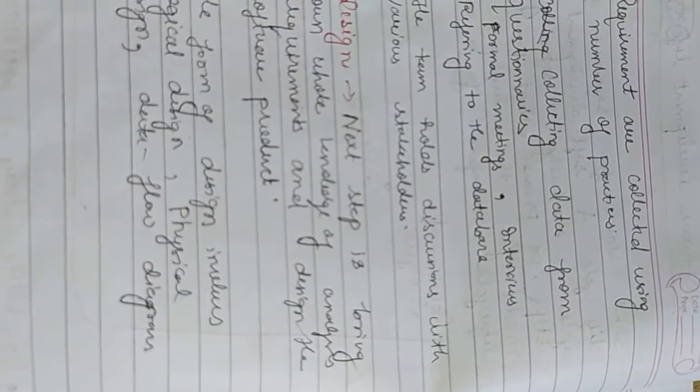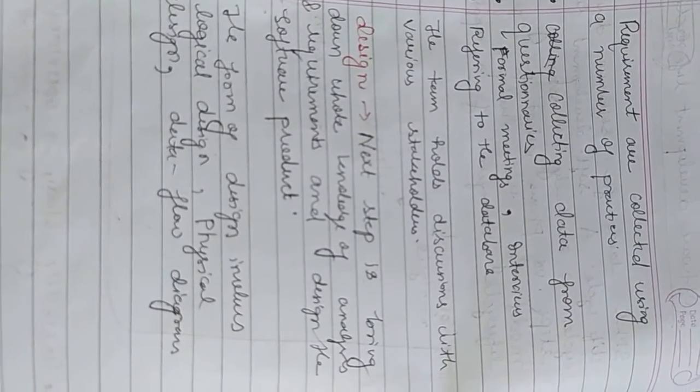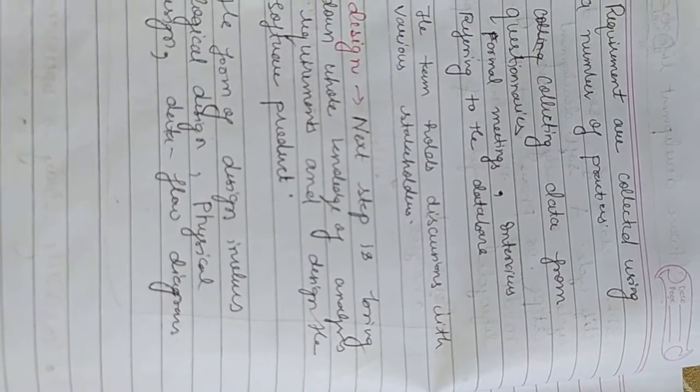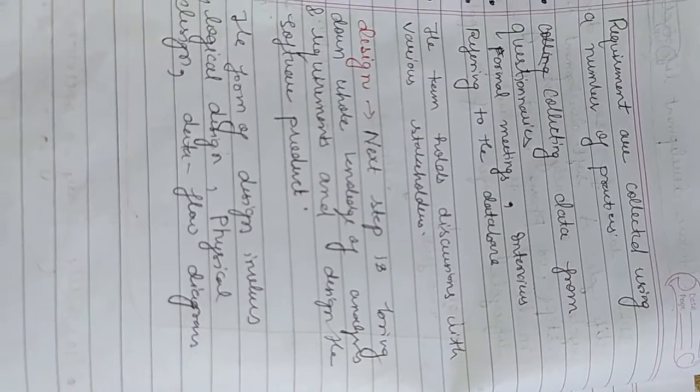Or formal meetings at different hierarchies of organizations, either with the clients, the project manager, or the stakeholders. Or we can also refer to the database of an organization to gather the requirements of a software project. The team holds discussions with various stakeholders to gather the requirements.